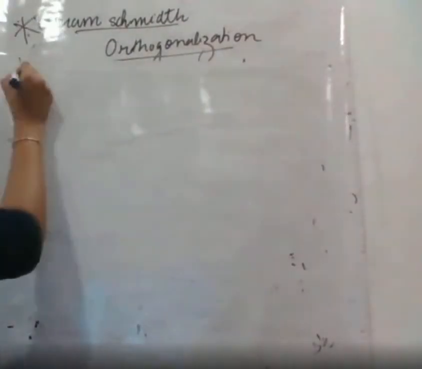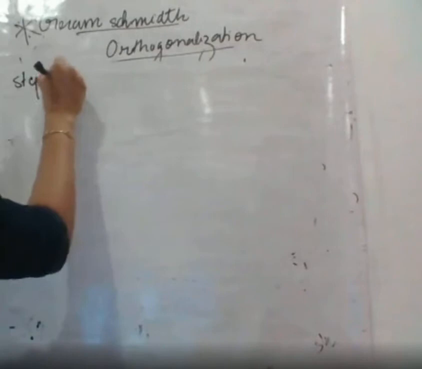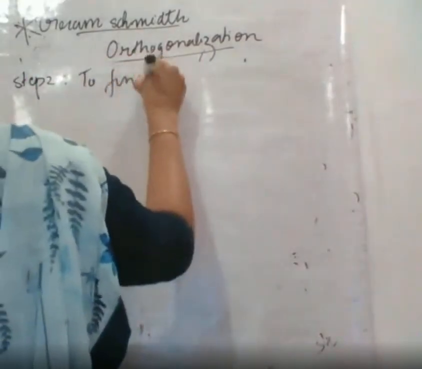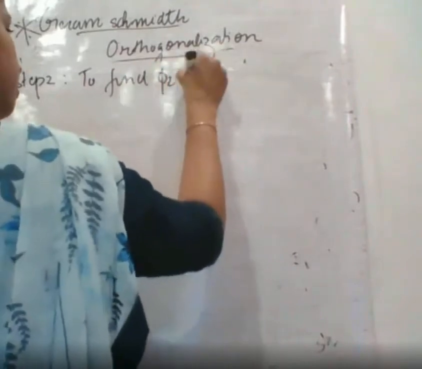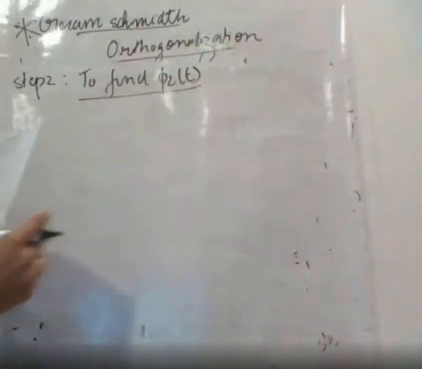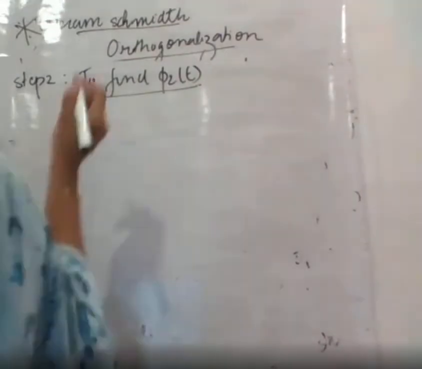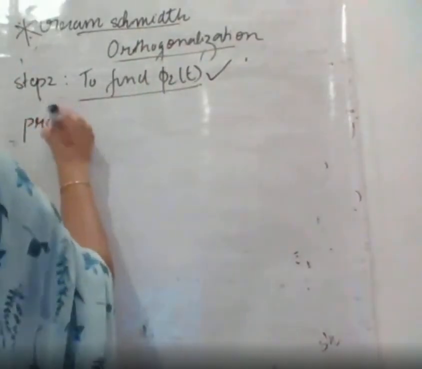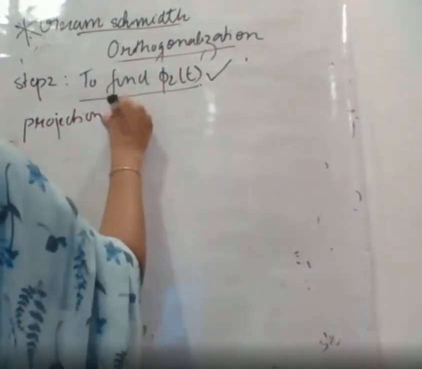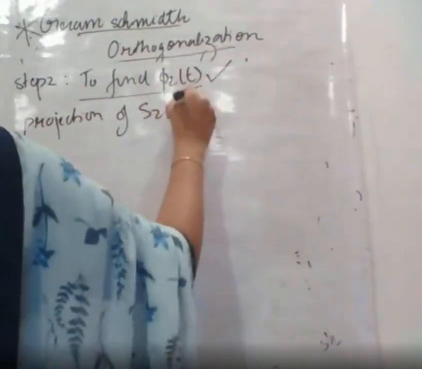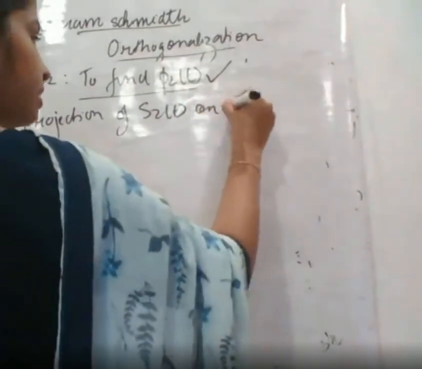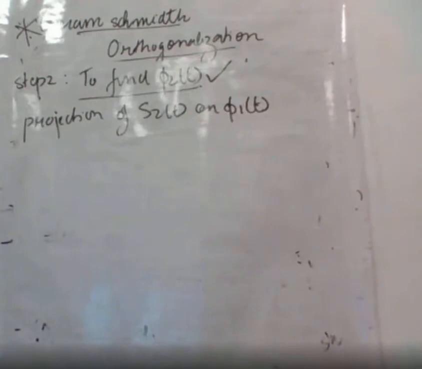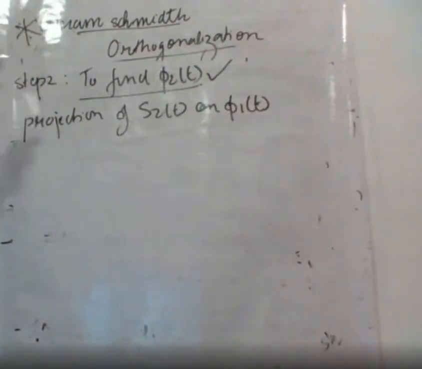Now the second step is to find phi2 of t, that is our second orthonormal basis function. Here, to find phi2 of t, we have to find the projection of S2 of t on our first basis function phi1 of t. The steps for phi1 of t were simple and easy.